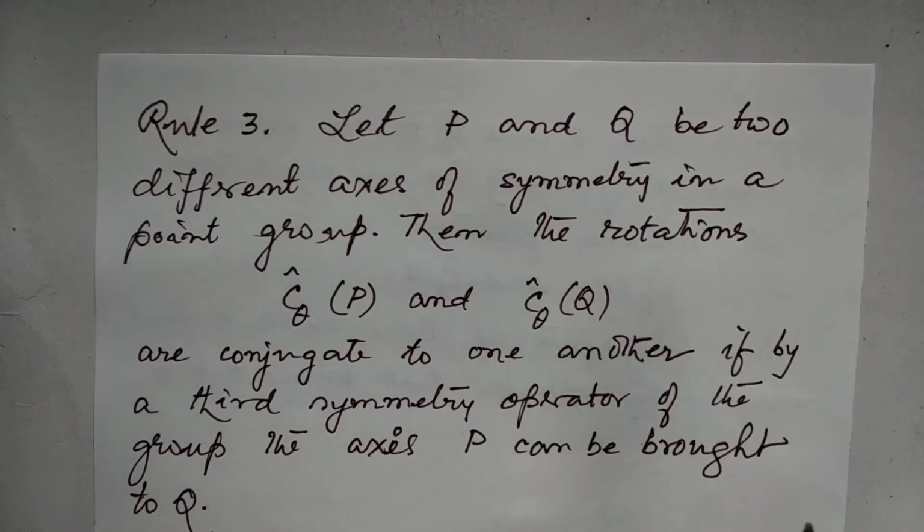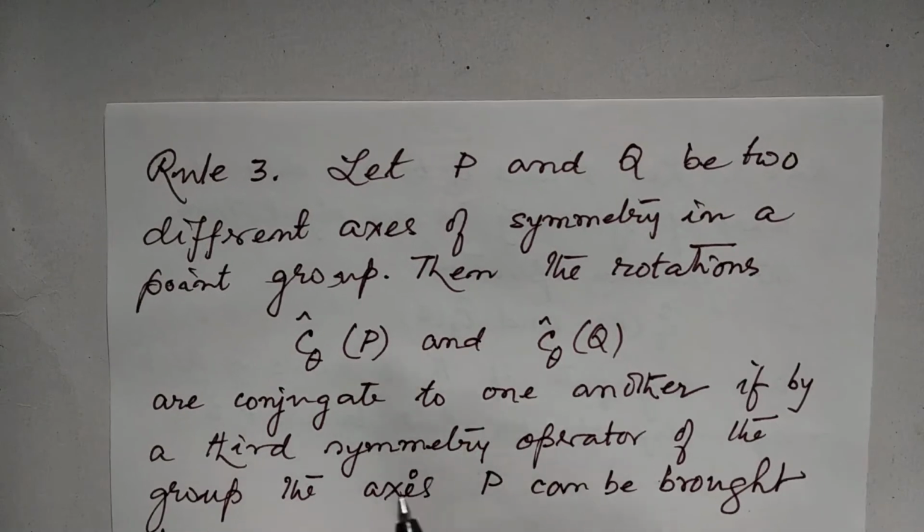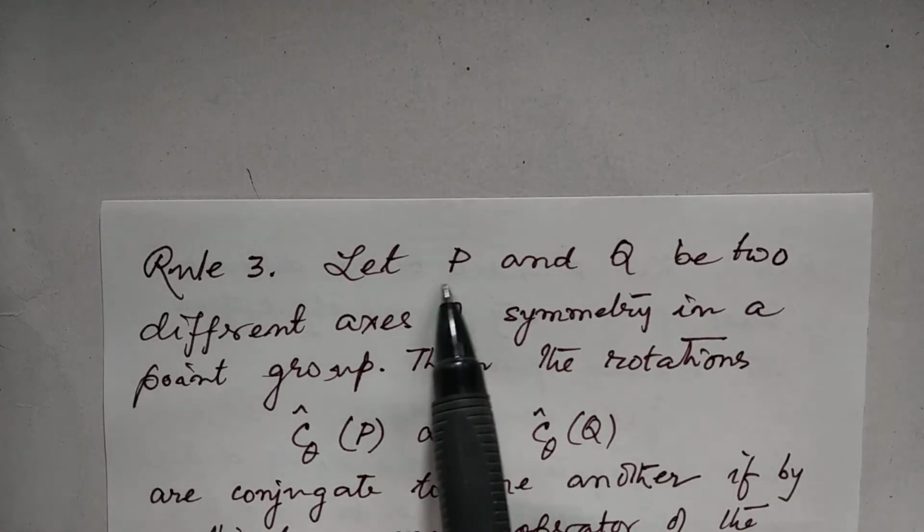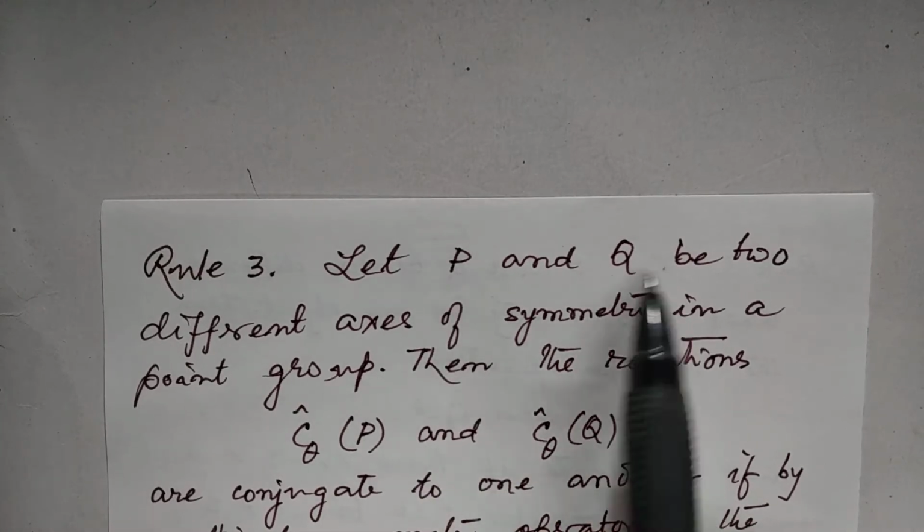Next, come to rule 3. Rule 3 is stated in this way. Suppose there are two different axes of symmetry, P and Q, in an object.